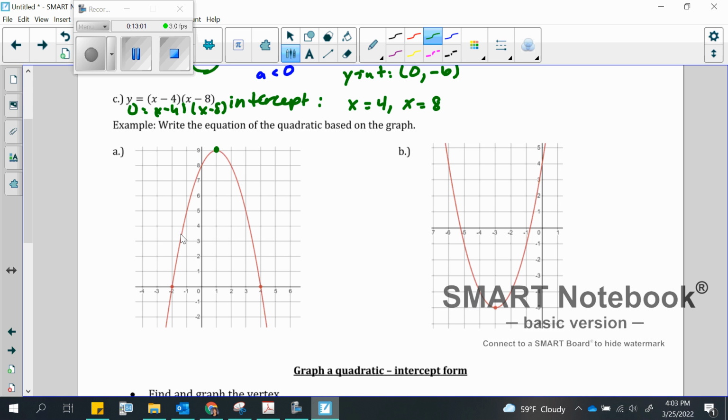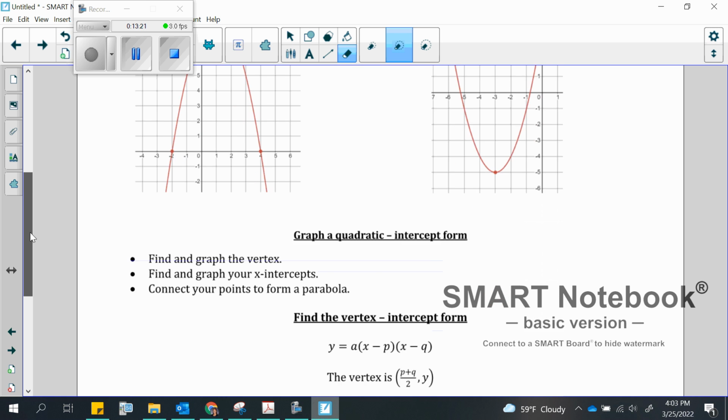We have the intercepts, we have the vertex. Actually, we can do these when I get back. So skip these examples for now. We'll do them when we get back because they're easy to handle before we get into word problems.